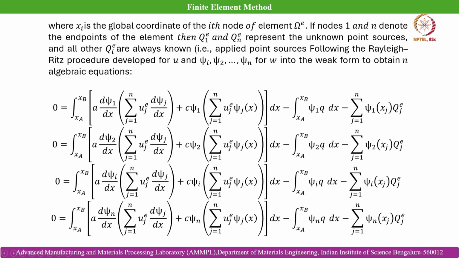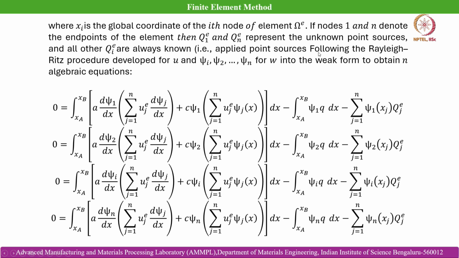Here x_i is the global coordinate of the ith node of element omega^e. If nodes 1 and n denote the endpoints of the element, then q_1^e and q_n^e represent the unknown point sources, and all other q_i^e are always known.